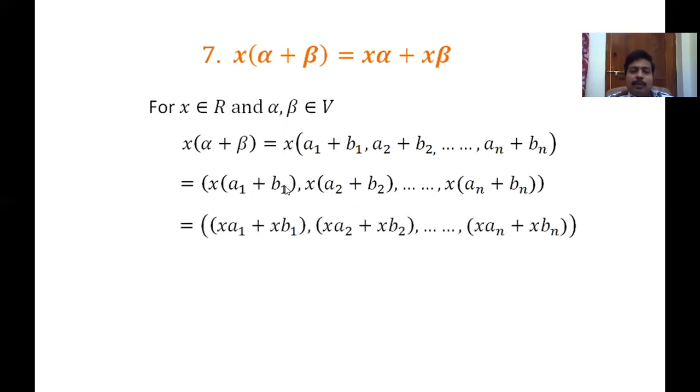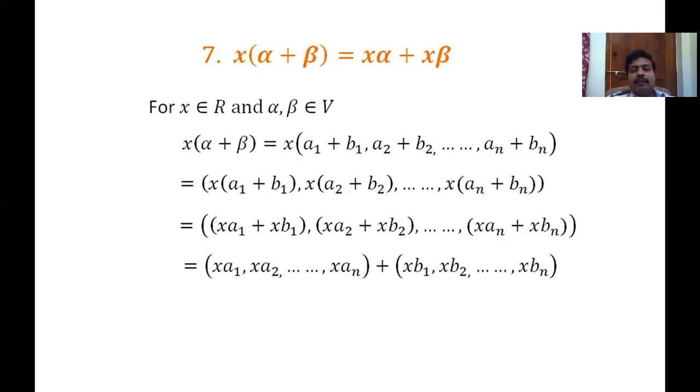This can be distributed since we are in the reals. All these are real numbers, and distributive laws hold good in real numbers. You can write it as xa1 plus xb1, this is the first component. Similarly, this is xa2 plus xb2, and so on, xan plus xbn, by distributive laws of real numbers. So this can be separated as (xa1, xa2, and so on, xan) plus (xb1, xb2, and so on, xbn).